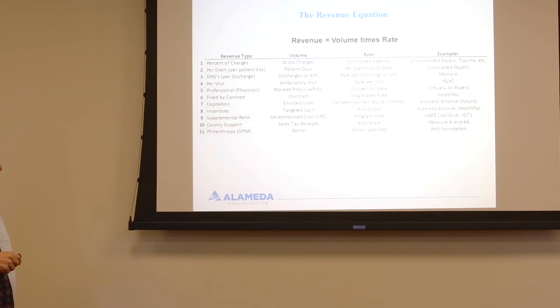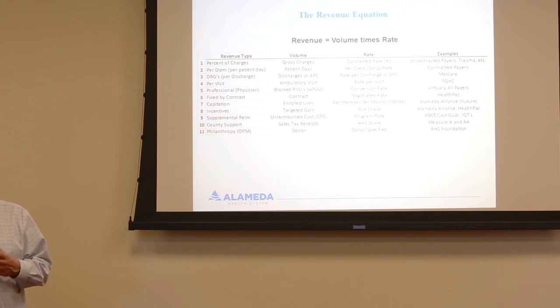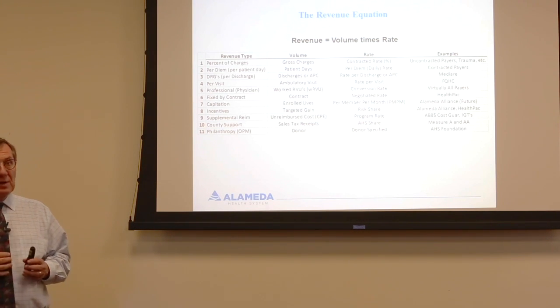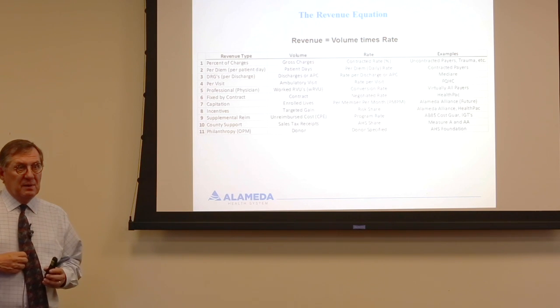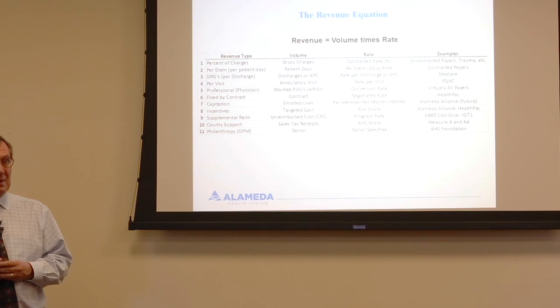Okay, then you can have a fixed contract, all right, where you just say, we're going to do something for you, and you're just going to give us a big block of money, okay? Health Pack is like that. So the county has a legal obligation to take care of the uninsured. They have said to us, we would like you to do that for us.